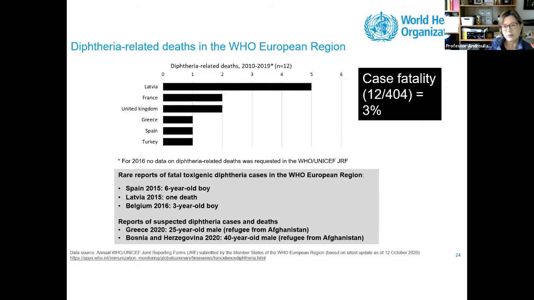It's a lot higher amongst children, but on average, the case fatality rate in the Euro region is about 3%. We rarely see cases of death, but we have had them. There were several cases during 2015 and 2016, and more recently, we had cases in Greece and Bosnia, and these were primarily refugees from Afghanistan, where the disease is unfortunately endemic.